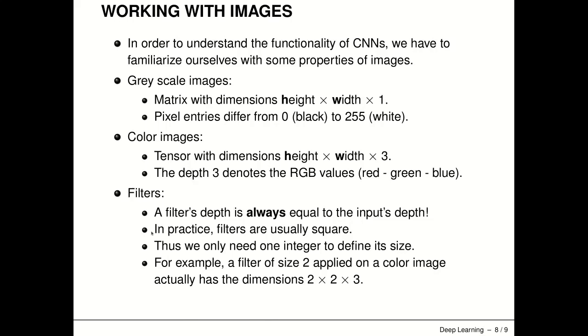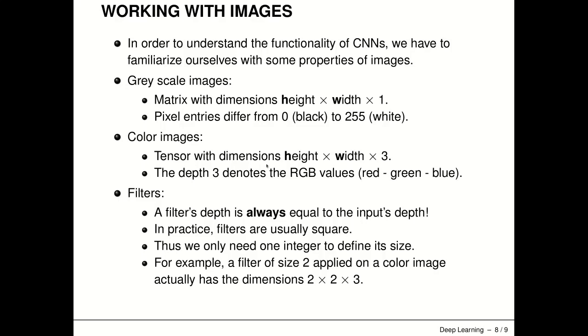And it's important to know that a filter depth is always equal to the input depth. For example, if we have color images, then our filter depth is equal to 3, and when we have grayscale as an input, then our filter depth is equal to 1. And filters are square, therefore we only need to give one integer to define their size.